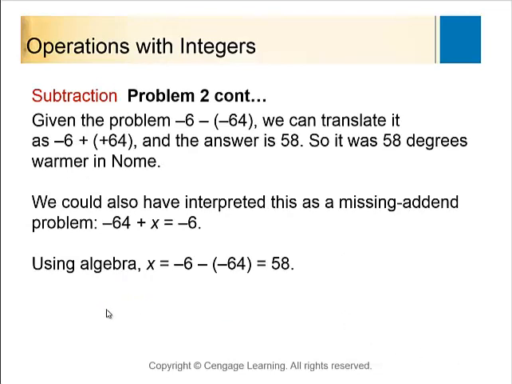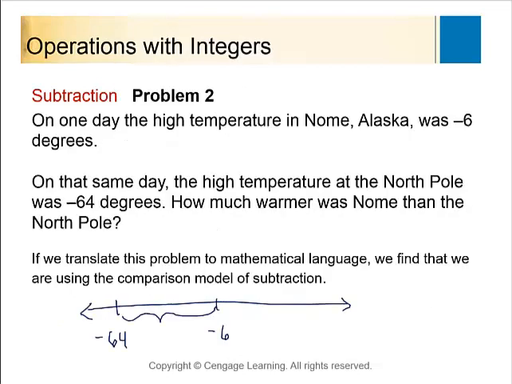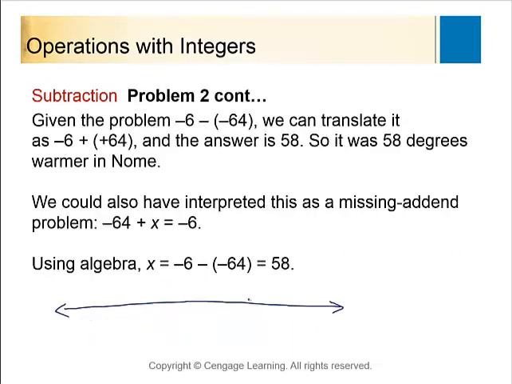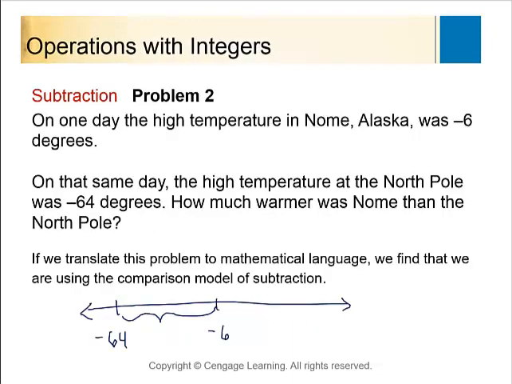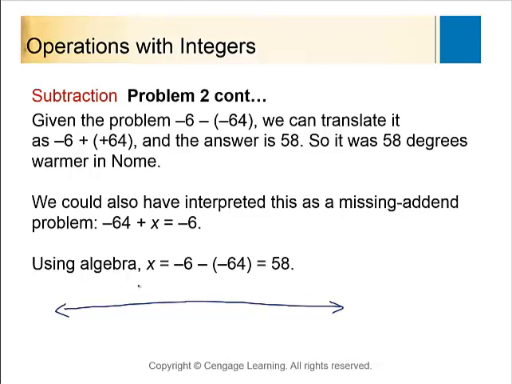If you'll notice, it's the same thing with that number line model that I had before. How much warmer is it? It's 58 degrees warmer. Looking at that again, -64, -6, and really what you're looking for is the difference in these two.